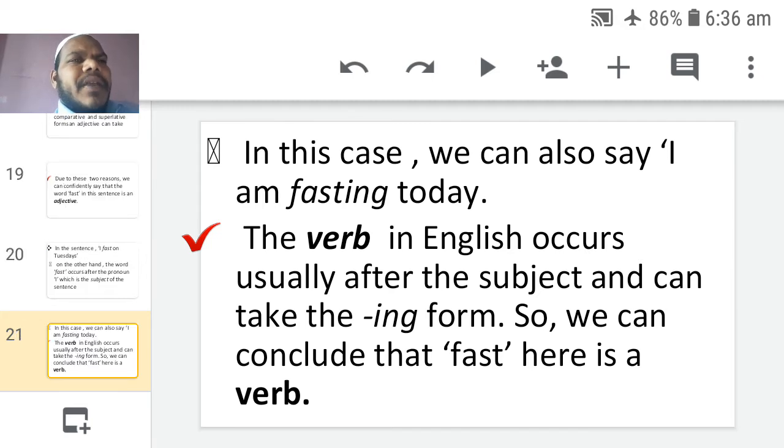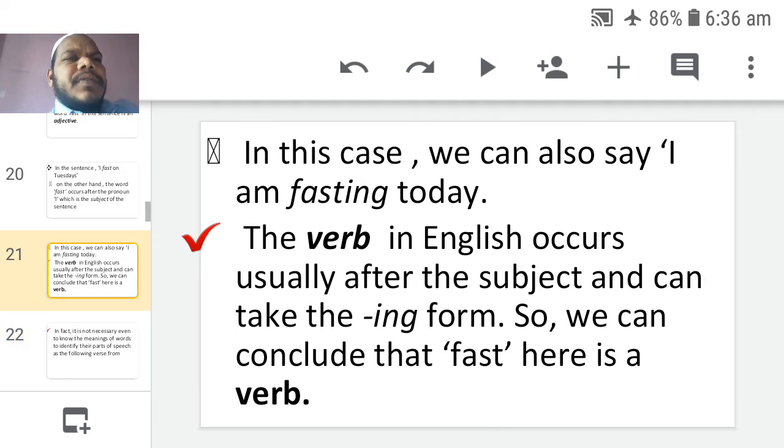In this case, we can also say I am fasting today. The verb in English occurs usually after the subject and can take the ing form. So we can conclude that fast here is a verb.